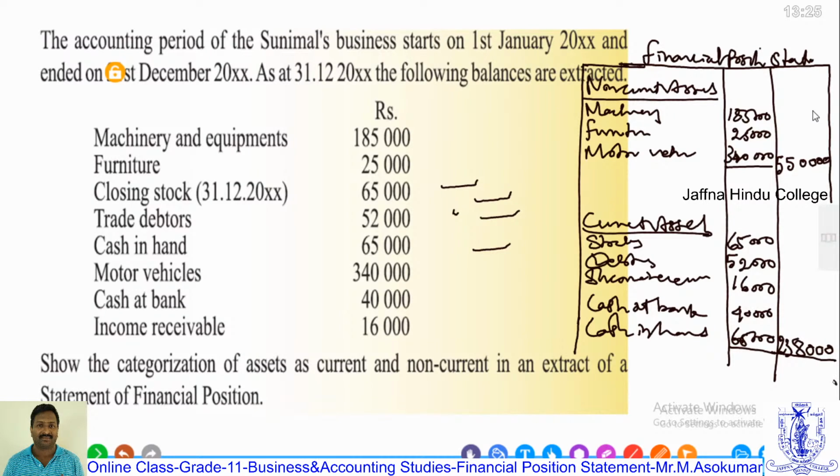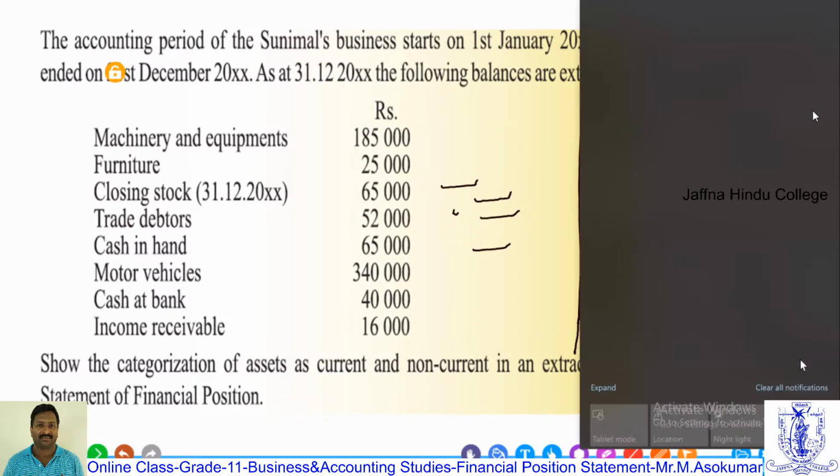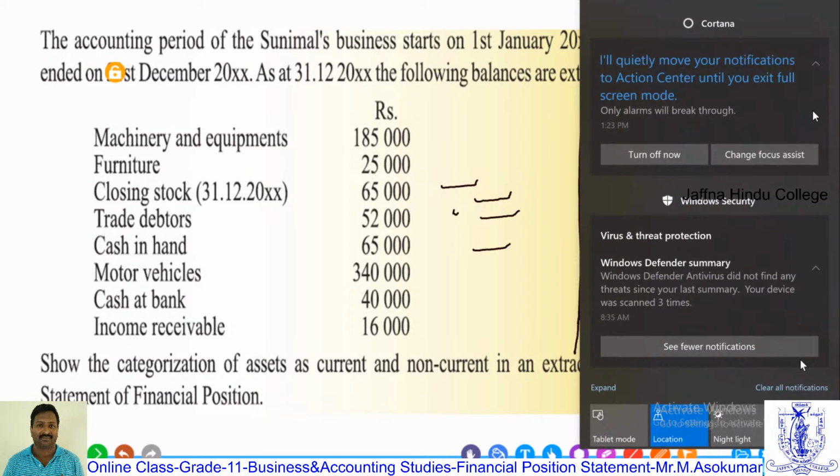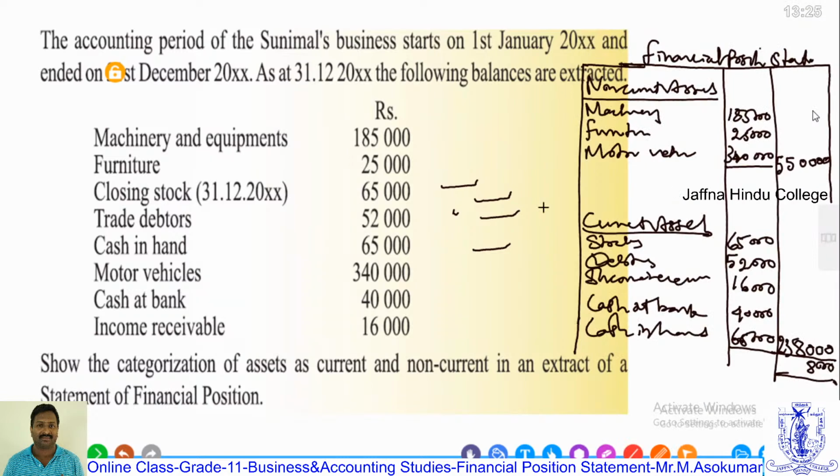Totally, total assets will be 788,000. This is a part of the financial position statement.